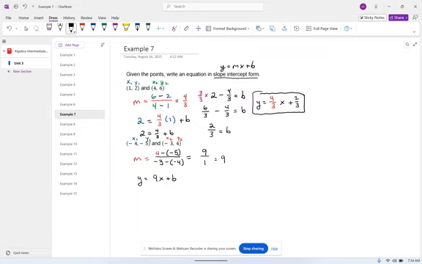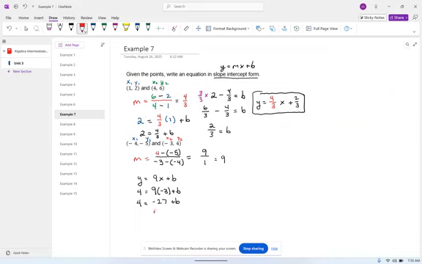And we'll substitute either one in there. I like the x2, y2 because there's less negatives. So we'll have 4 equals 9 times negative 3 plus b. And then 4 equals negative 27 plus b. And again, if you don't know 9 times negative 3, just use Desmos.